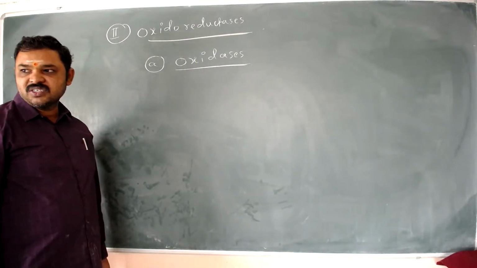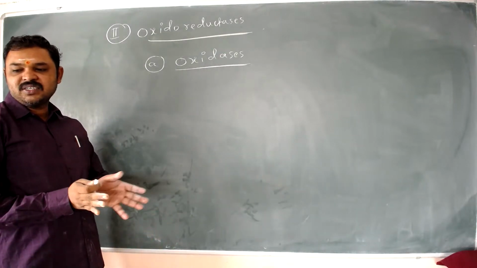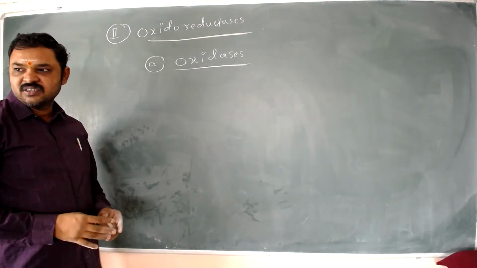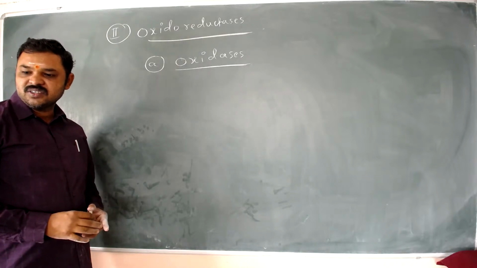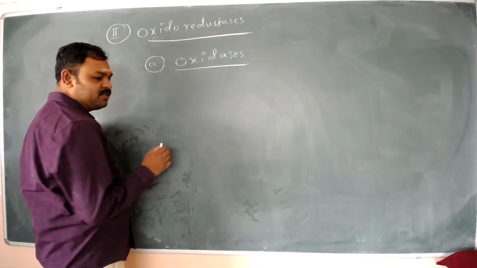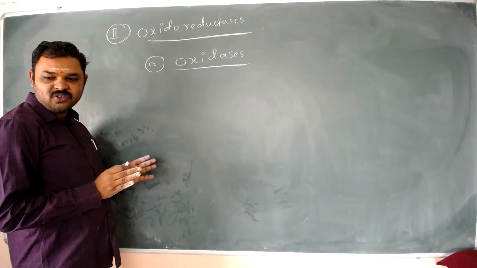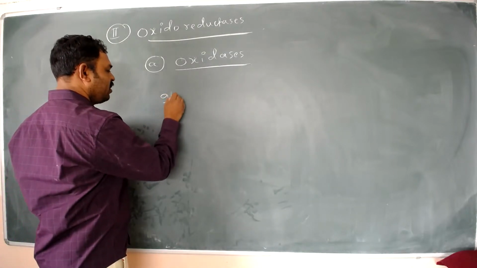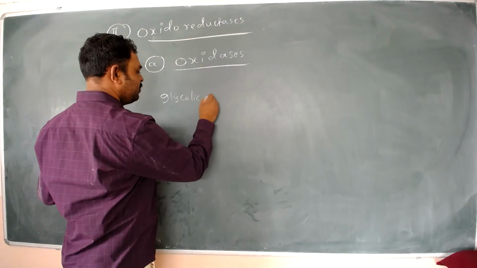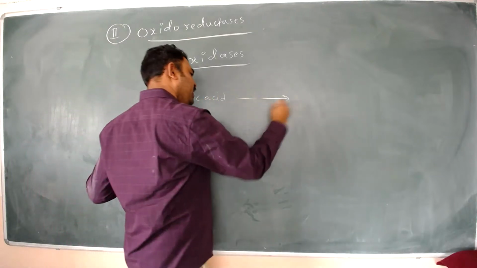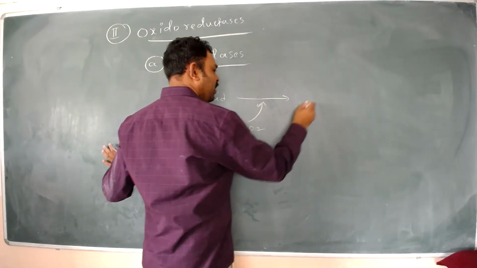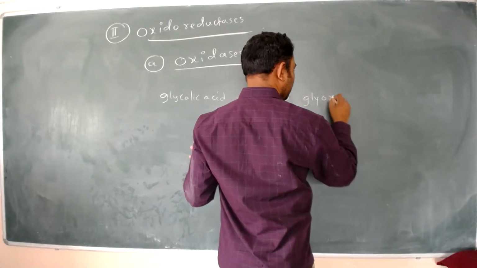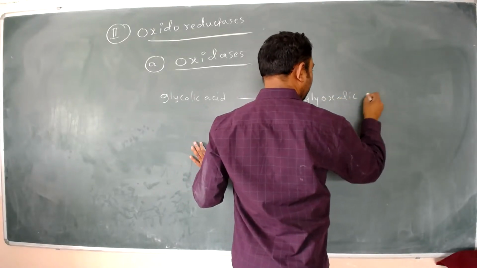What is meant by oxidases here? The substance is added with oxygen: oxidase. You see any substance, the substance is added with oxygen. Here, glycolic acid, by adding oxygen, becomes glyoxylic acid.